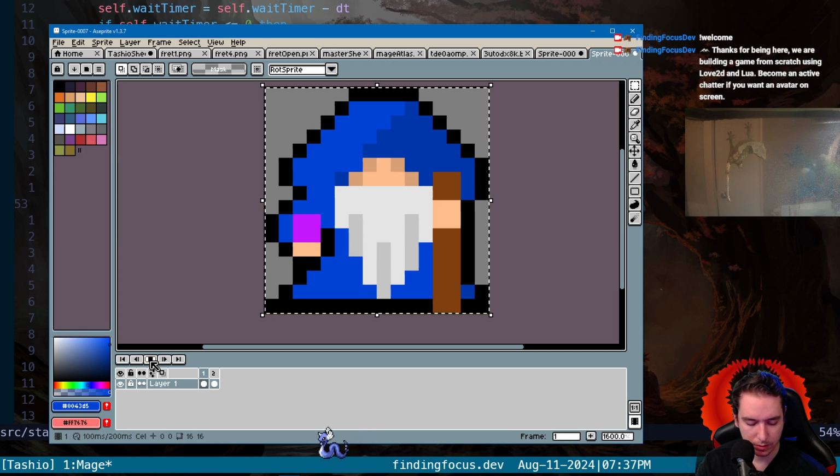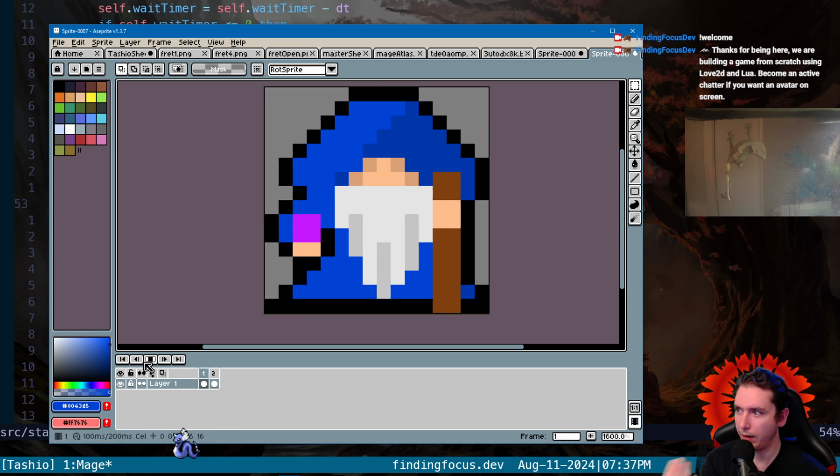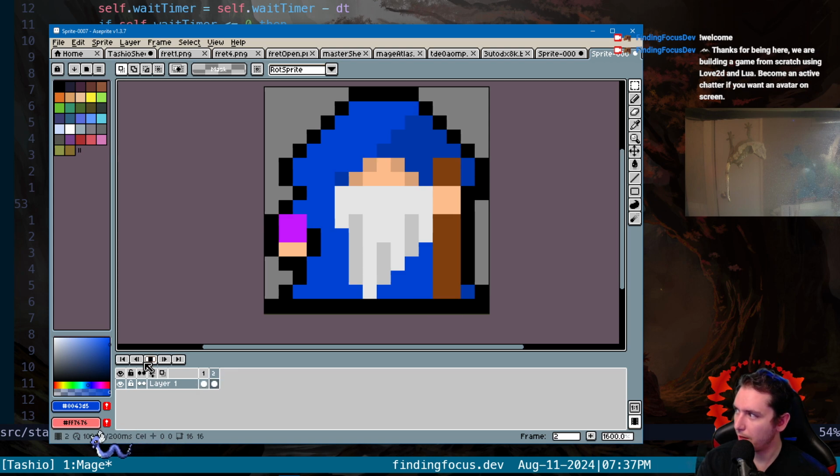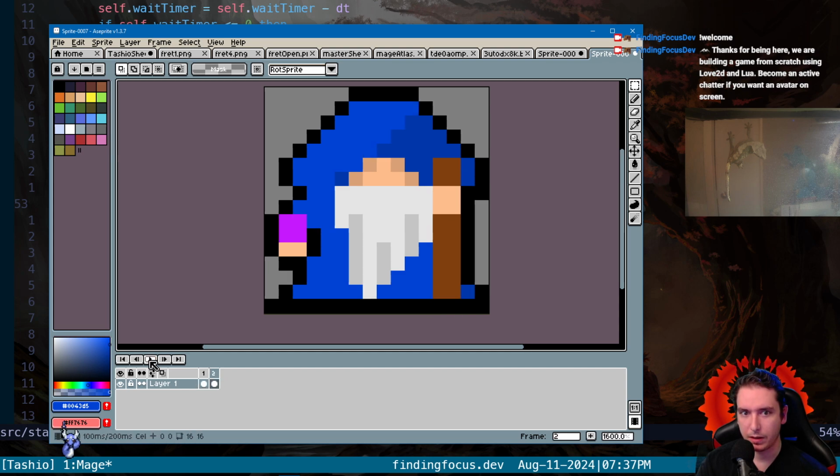So right now, here's our two frames of him walking, facing down. Then we'll need him walking up, and then the sides. The sides will be a little unique in the sense that it's not just the same thing flipped like the other ones are, because if he's walking to the right, his orb will be in his right hand, visible to us.